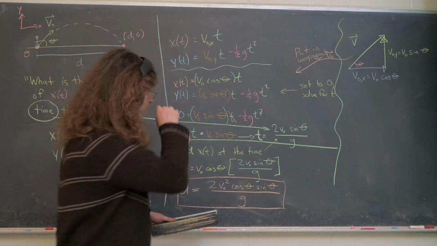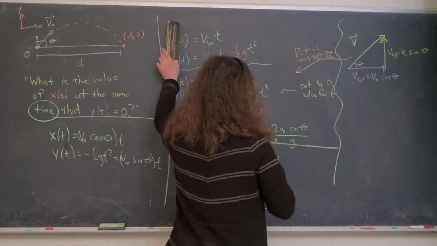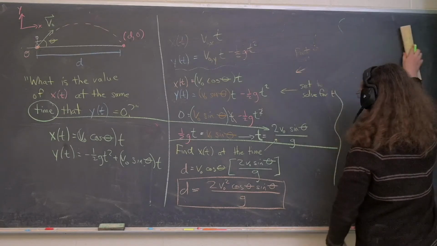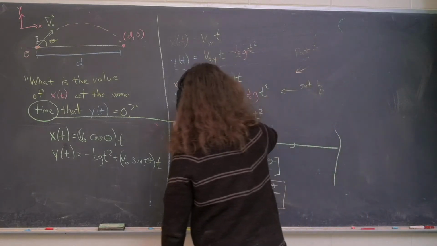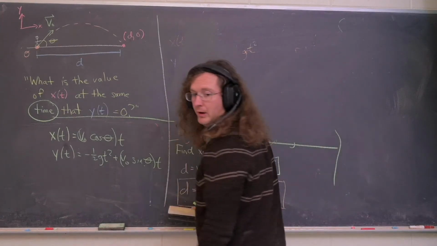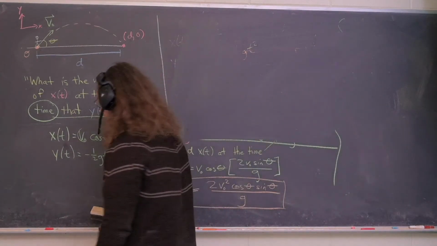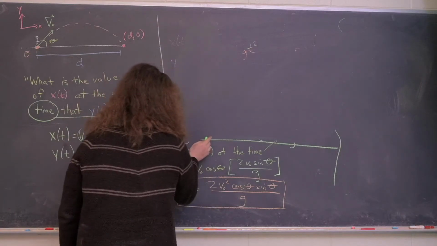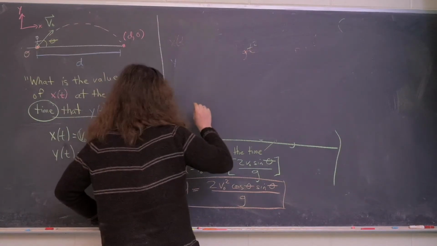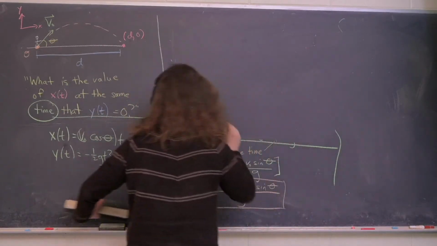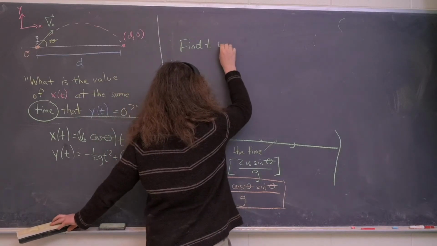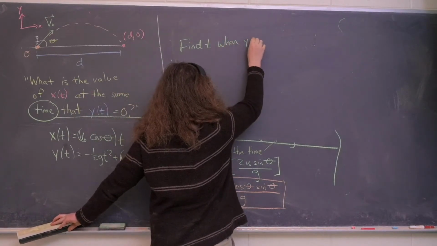So, what did we do to solve the problem? All we did was find the time. Oops, my eraser didn't quite go. So let's find t when y equals 0.